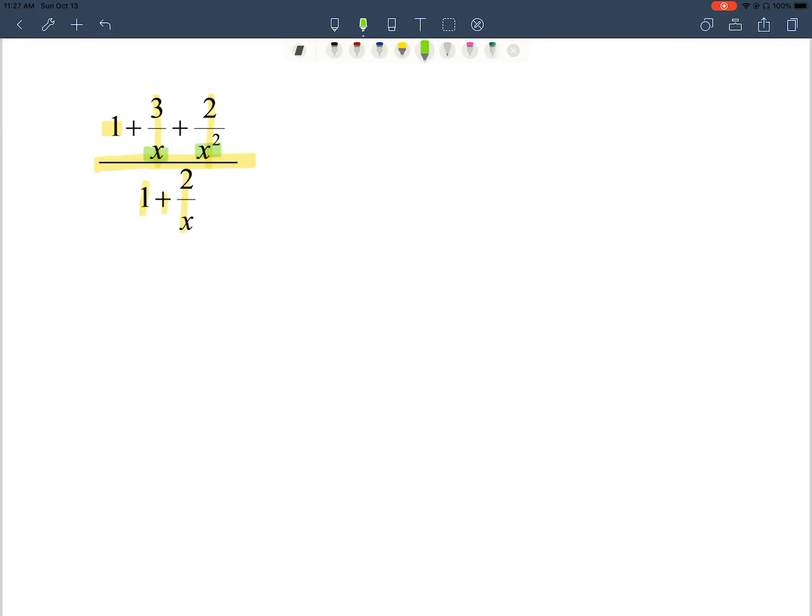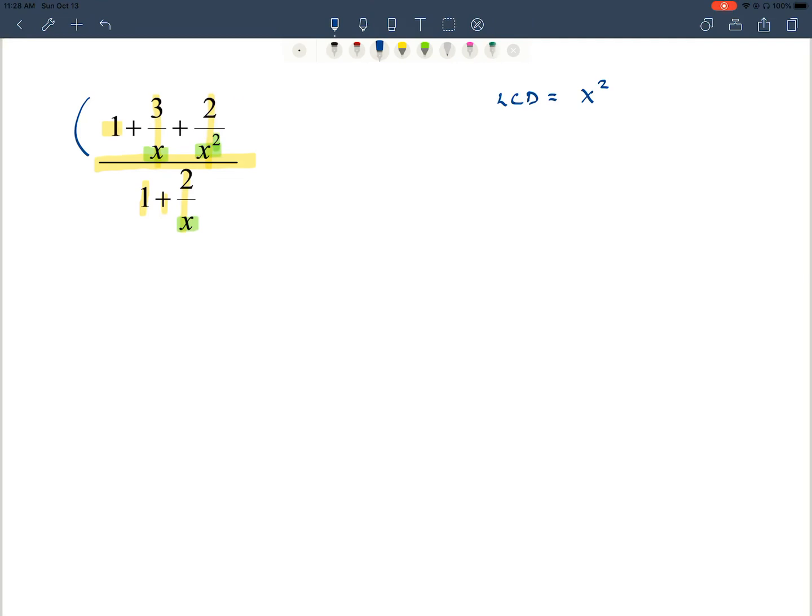We have x squared, and then we have x. And I think we already did one like this as well. We want to multiply by something that is divisible by x and x squared, and that would be x squared. So our least common denominator here is going to be x squared.